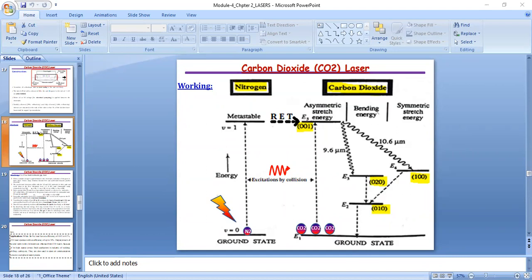Again, an unexcited carbon dioxide molecule will be excited, and that will go to the E3 level. In this way, this is a chain reaction which is going to happen again and again. The molecules will go to the excited state again and emit radiation. The laser will be continuously generated. This is the actual mechanism of the carbon dioxide laser.